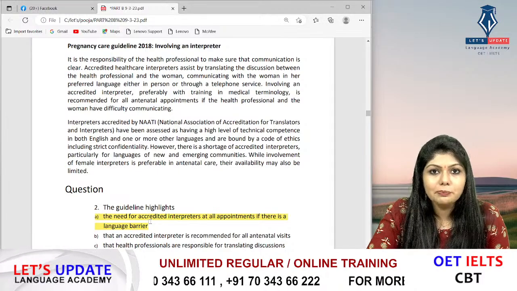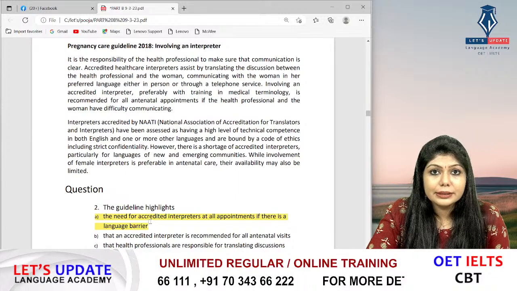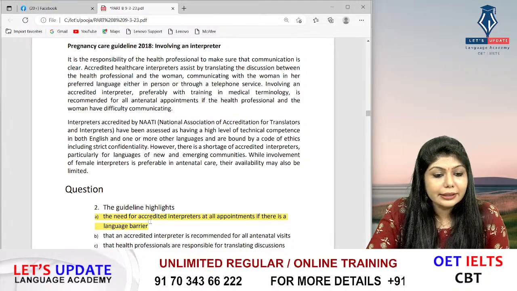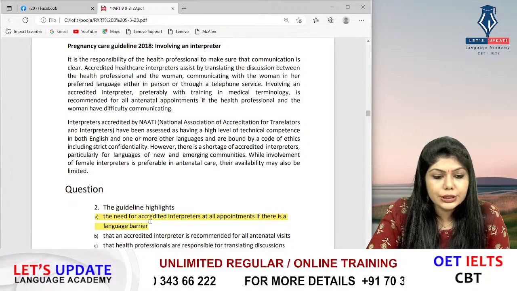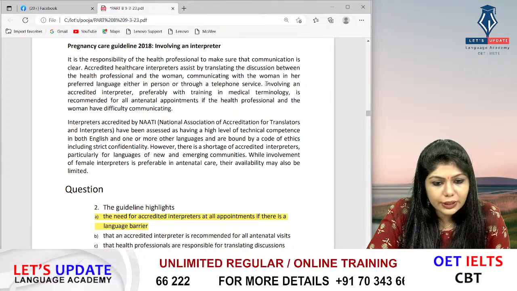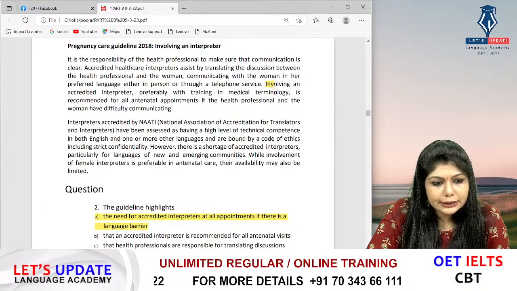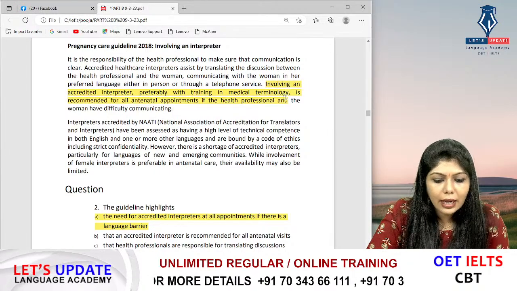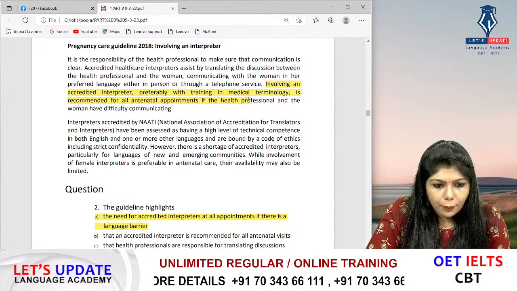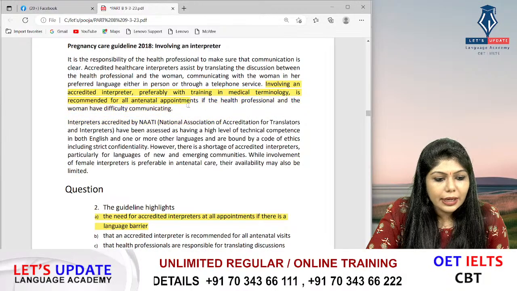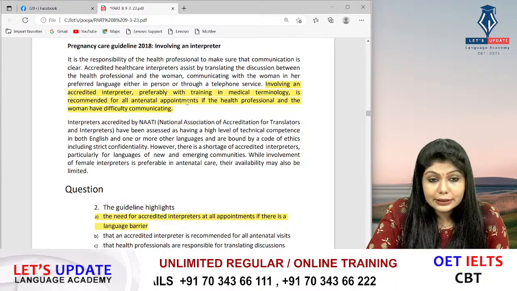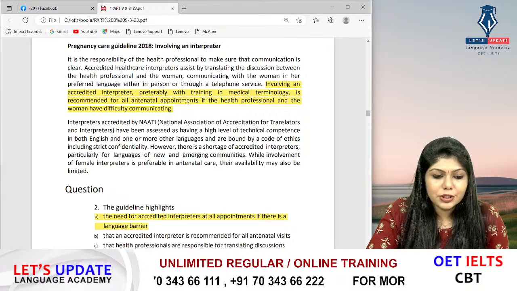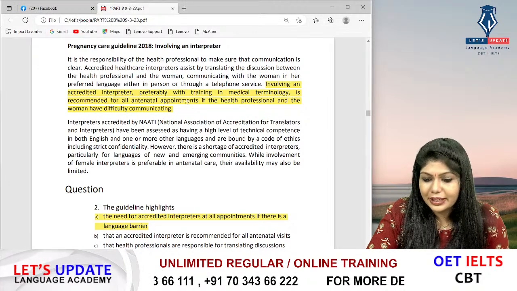They should be responsible and make sure that every important piece of information is conveyed, and there is no room for any confusion. That is what is mentioned here. Involving an accredited interpreter, preferably with training in medical terminology, is recommended for antenatal appointments if the healthcare professional and the woman have difficulty communicating. This is the sentence which will lead you to this answer. If there is a language barrier, definitely, if there is any difficulty communicating.